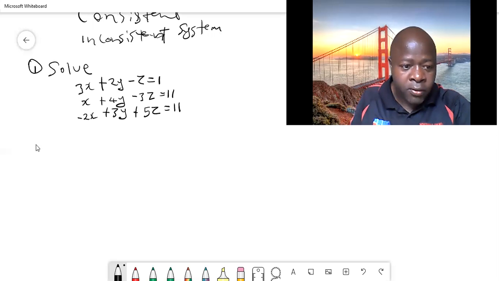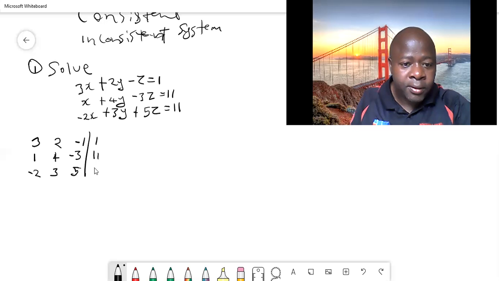So the augmented matrix for this system will be 3, 2, negative 1, 1; 1, 4, negative 3, 11; negative 2, 3, 5, and this last one should be 21. So we have got 21 here. Let it be 21.